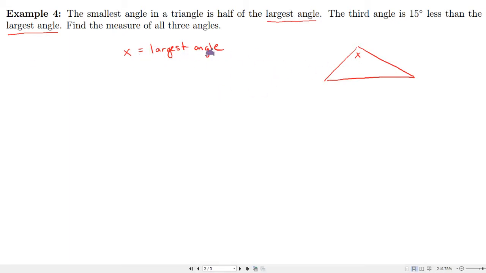The smallest angle in a triangle is going to be half of the largest angle, so half x would be the smallest angle. And then the third angle is going to be 15 degrees less than the largest angle, so x minus 15 will be the third angle.